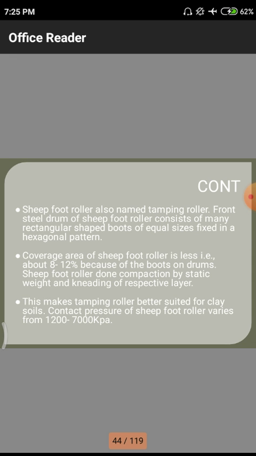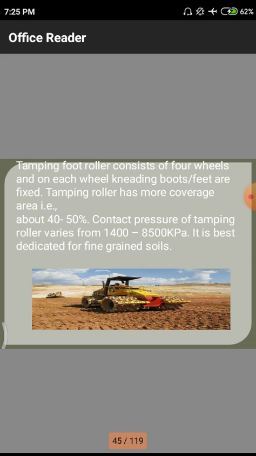Clayey soils have huge binding properties and fewer voids, but the particle distribution is not even, so we need to tighten the bond between the particles using sheep foot rollers. For granular soils, we use flat and vibratory rollers. For clay soils, we use sheep foot rollers. Those things we have to know.